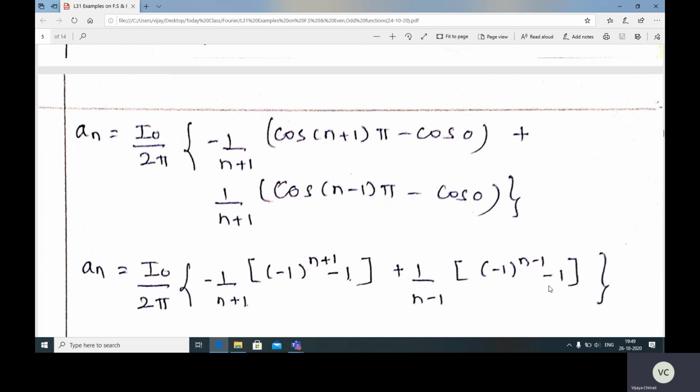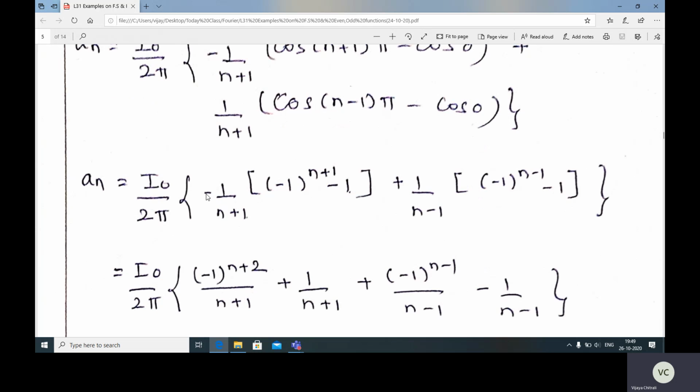Now simplification. So this −1 and (−1)^(n+1). By using theory of indices, n plus 1, one more 1 added, means here (−1)^(n+1) times (−1) is (−1)^(n+2) divided by (n+1), and this minus will be plus 1/(n+1), and (−1)^(n−1) divided by (n−1), and plus into minus is −1/(n−1).